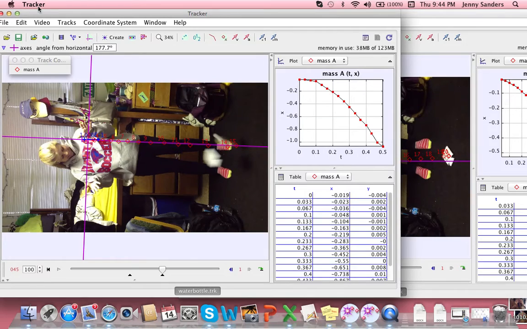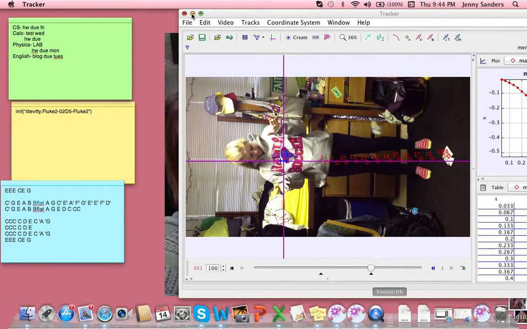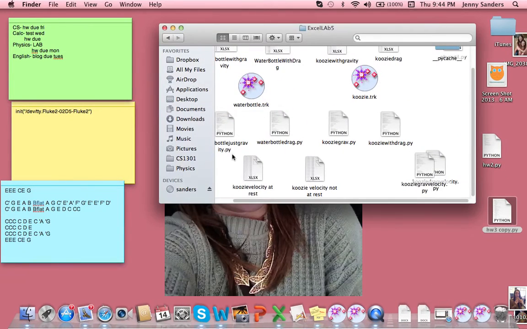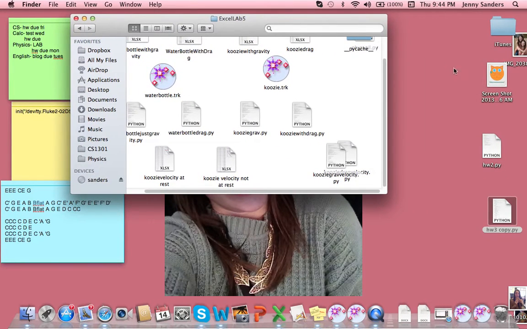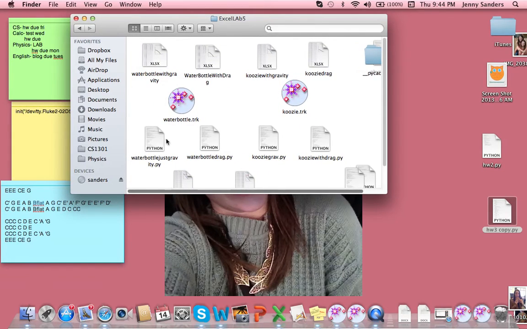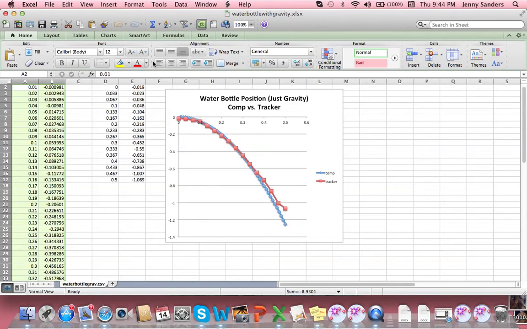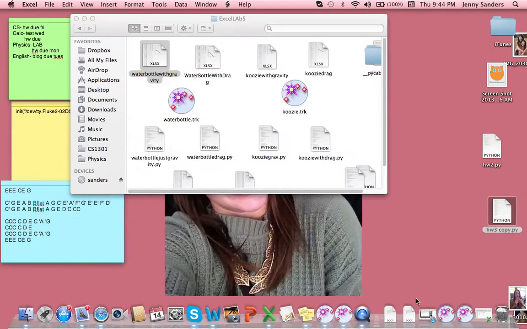The next thing I did was move this stuff to the computational model. So the first thing I did was I looked at each one only being affected by gravity. For each model I made, I set the mass of the object.